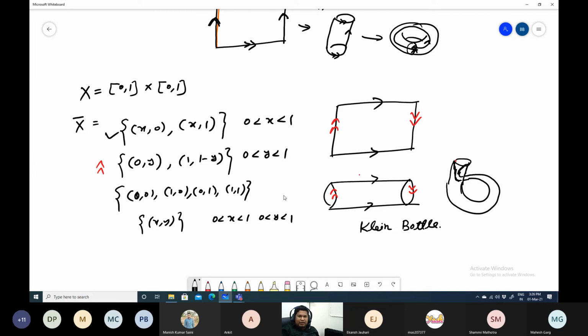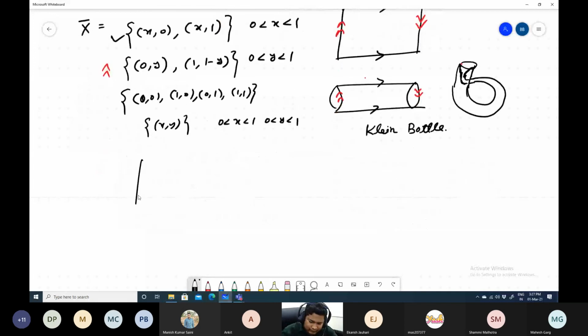Okay, sir. Now suppose, I am giving you the answer, this is also reversed. That means you can think it is only one. You are saying this with this, and this with this, right?